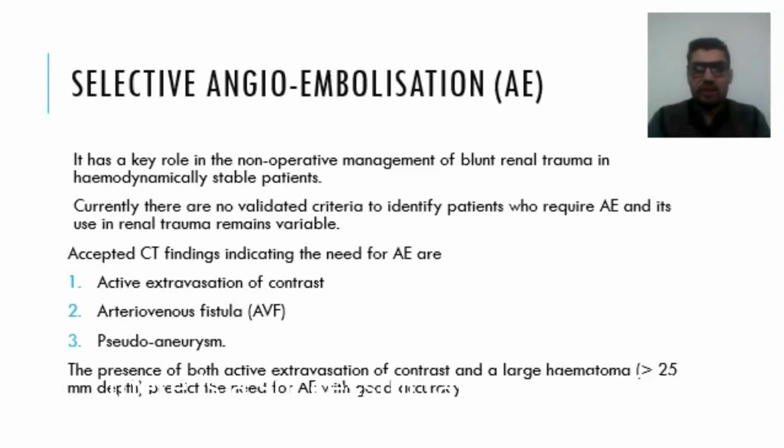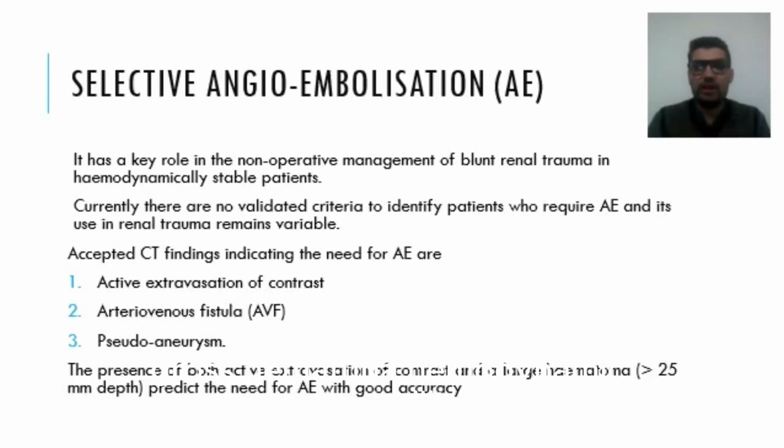There is a successful rate of 94.9% in grade 3, 89% in grade 4, and 76% in grade 5 injuries. Increasing grade of renal injury is associated with increased risk of failed angioembolization and need for repeat intervention.